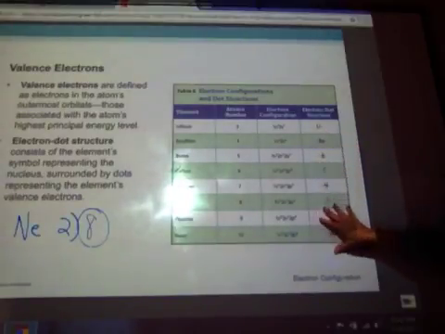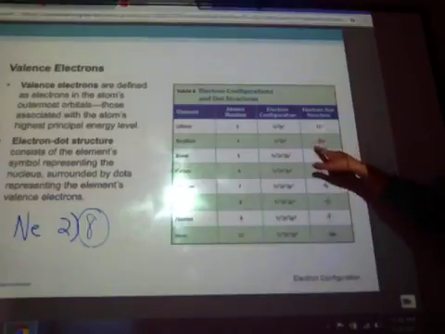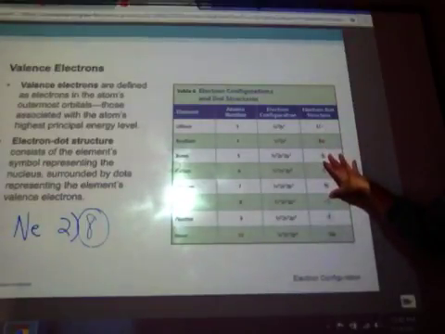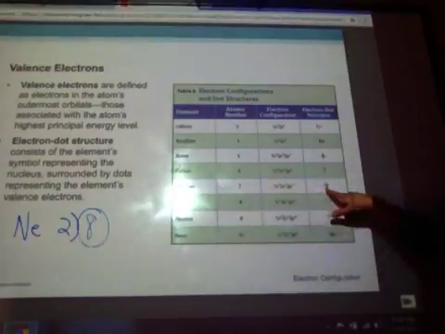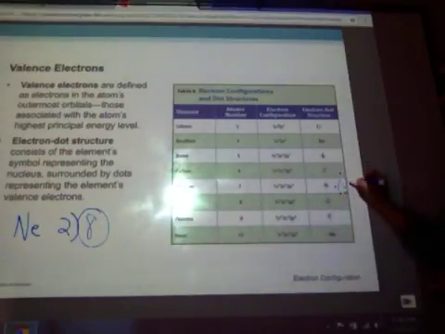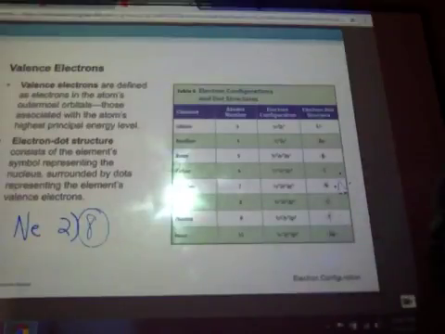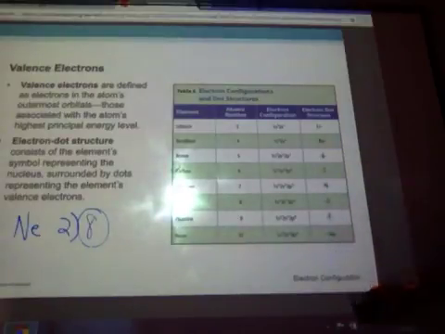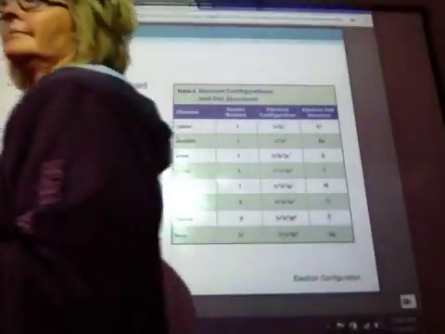So for homework purposes, I expect you to put the dots in order where they go. For test purposes, if you know that nitrogen has 5 valence electrons, and instead of putting the 2 dots at the top, you put 2 at the bottom and spread them out, I won't count that wrong. But as long as you have the table, make sure that you use that to see where your valence electrons are.